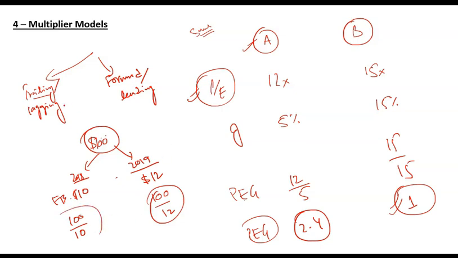So remember the difference between trailing multiple and forward multiple. If you are using forward multiple, you will compare it with the forward fundamental. If you are using trailing multiple, you will compare it with the trailing fundamental. For past data, we will be using lagging. For forward, you will be using forward data. So for example, if I tell you that the multiple is 12x, tell me the price.